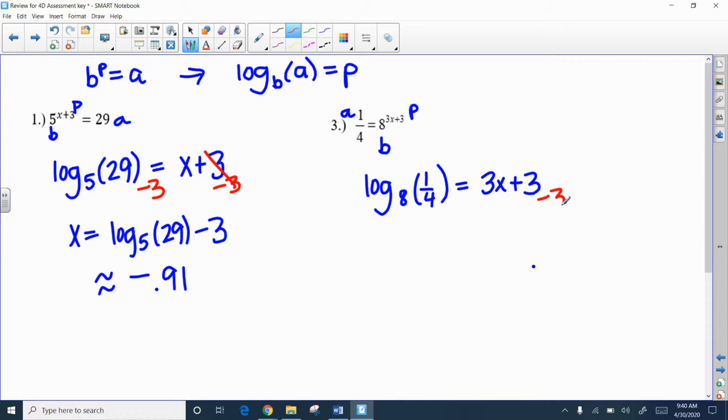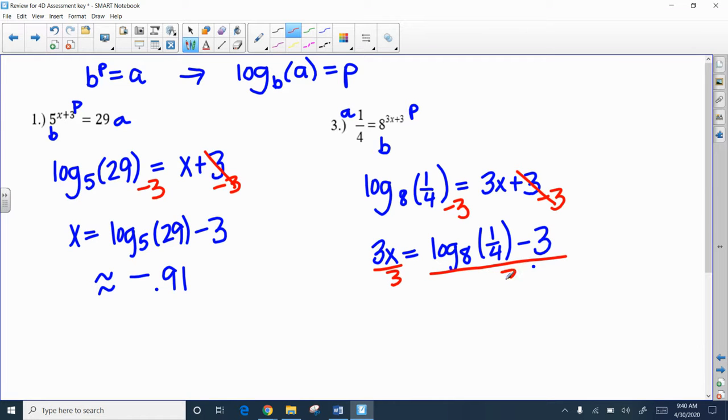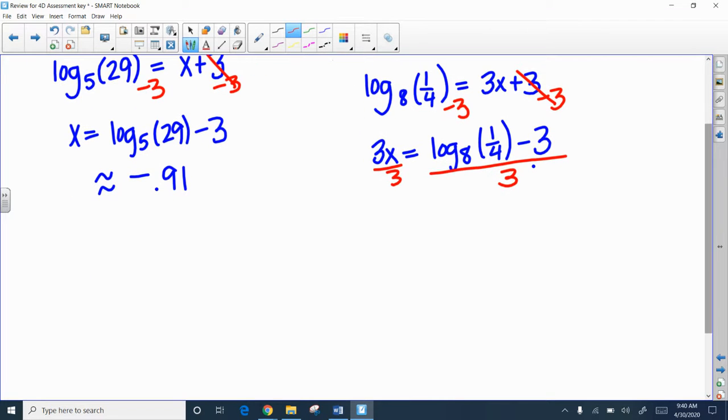So to solve for x, I'm going to divide by 3. So now I have 3x equals log base 8 of 1/4 minus 3. I just wrote the 3x on the other side. And then I have to divide the whole thing by 3.